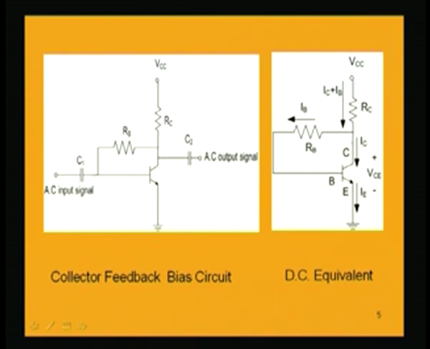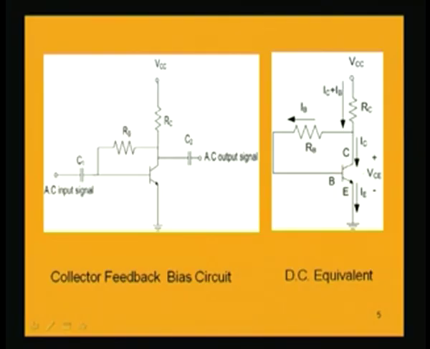Here we do not have the capacitances C1 and C2, and the others, RC and RB, are there. Here we have a biasing scheme with only the collector to base biasing resistance RB, and there is no resistance in the emitter.